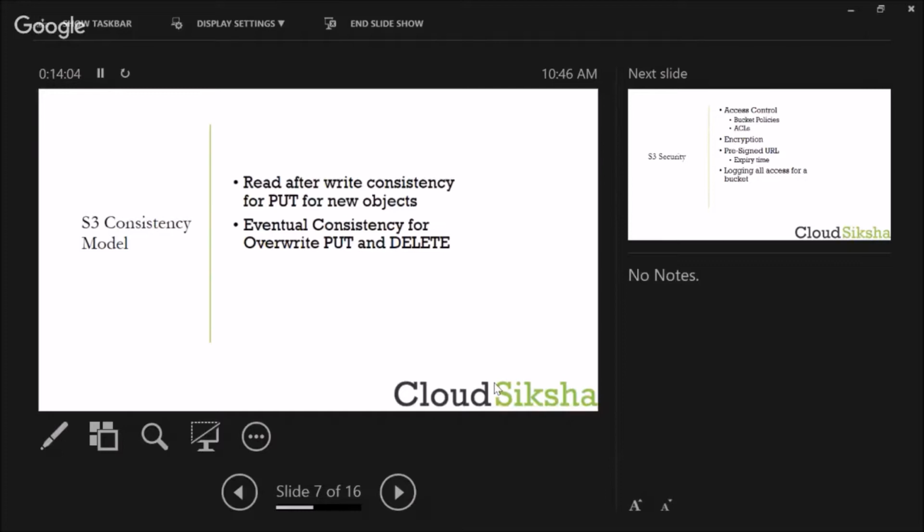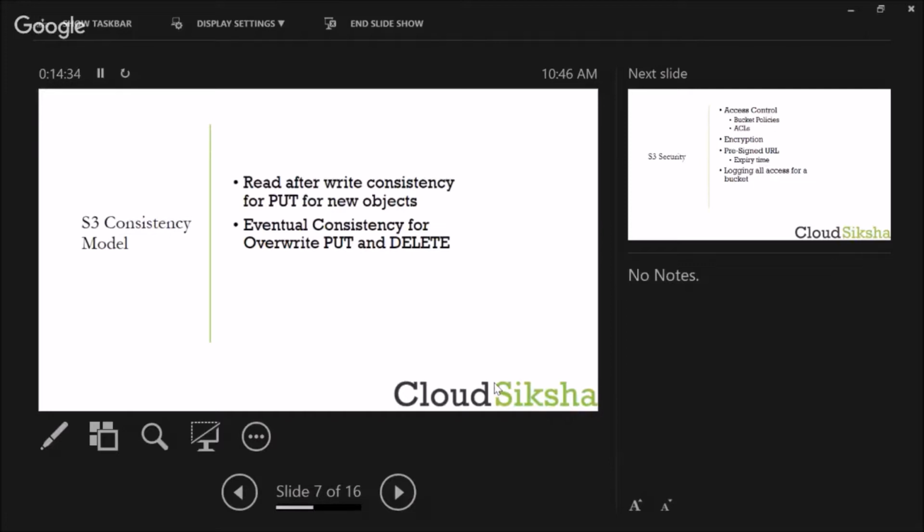If it's a new object that you are uploading into S3, only after that object has been written to all places will you get back an answer saying that yes, your object has been uploaded. That way, if somebody reads immediately, they are bound to get that object. If it was not read after write consistency, even after you put an object, somebody who tries to read it may get an answer saying the object is not available.